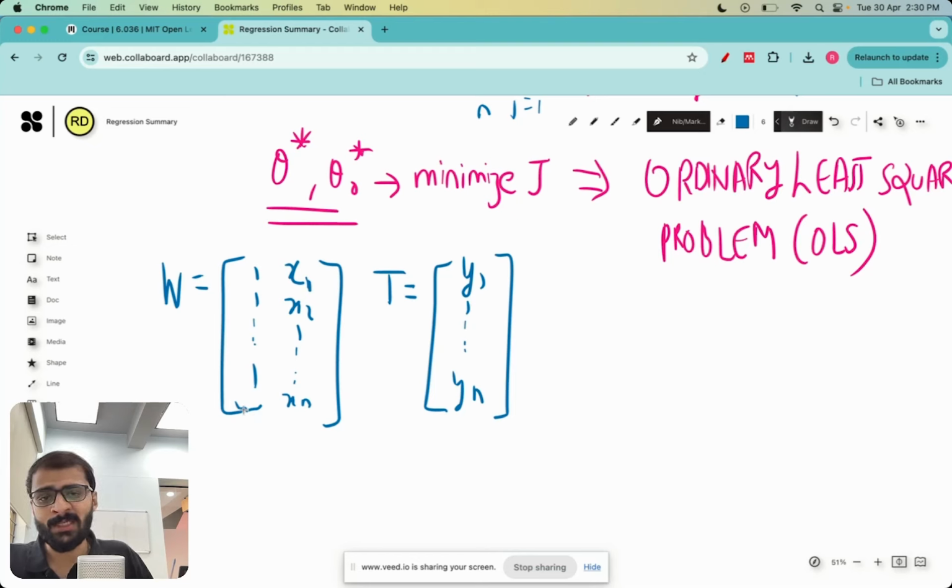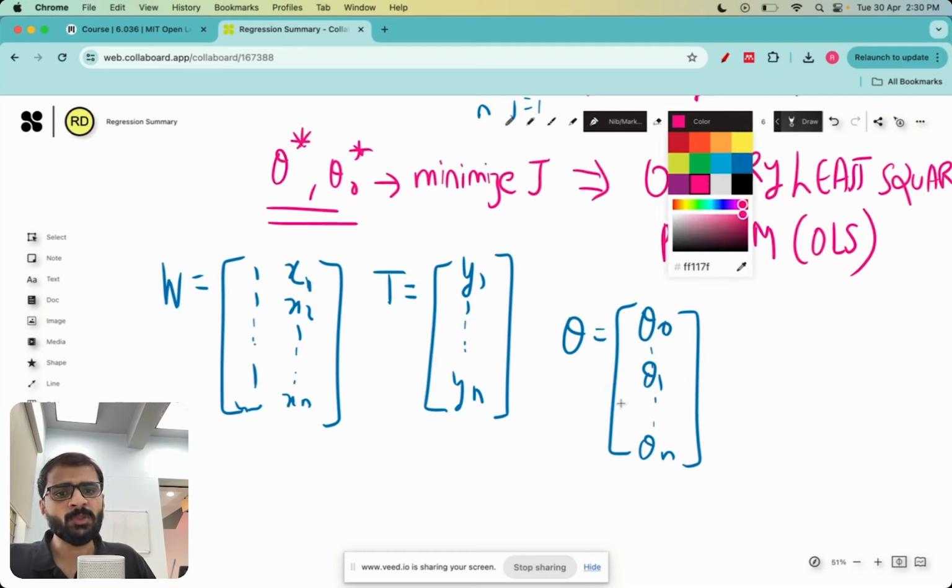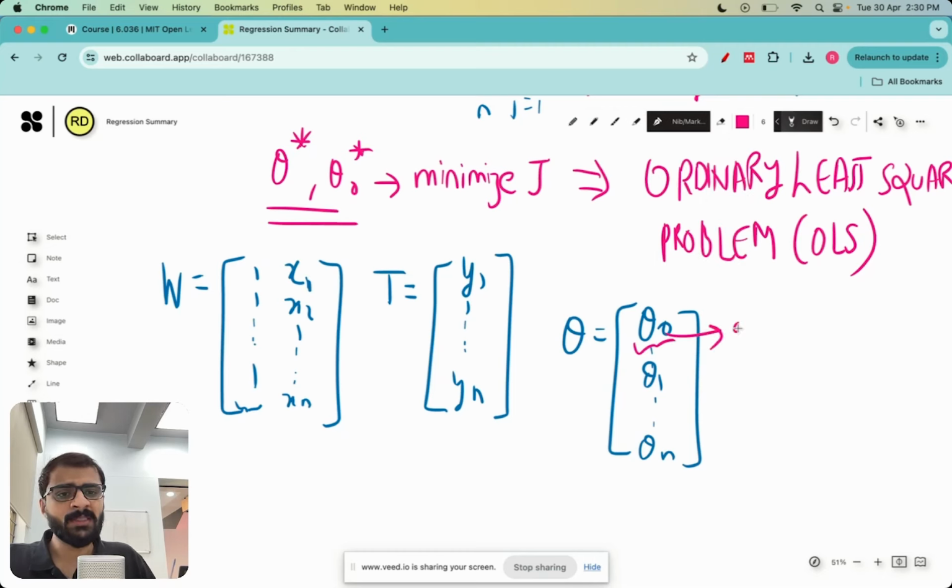The reason this one is there is so that theta can be defined like this: theta 0, dot dot dot, theta 1 and theta n. So this offset value is incorporated in a single vector, and that's why we have these columns of one here. If there are more dimensions, then it will just be added in the rows.